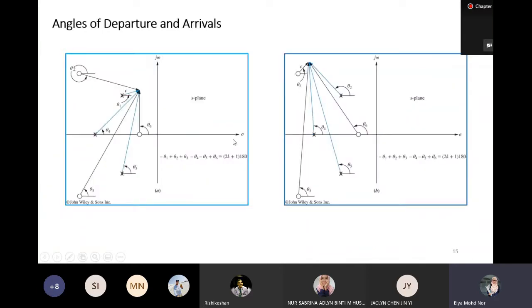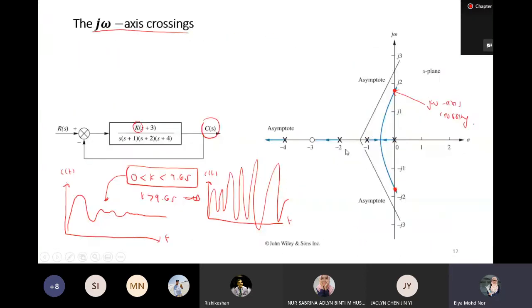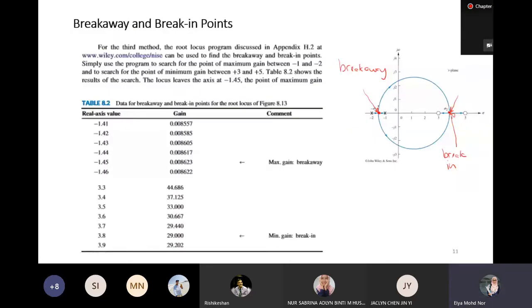And then the third one, in refining the sketch, you need to know how to do the angles of departure and arrival. So this is angle of departure and this is angle of arrival. It means the angle of departure is, let's look here, what is the angle here that it starts to split?